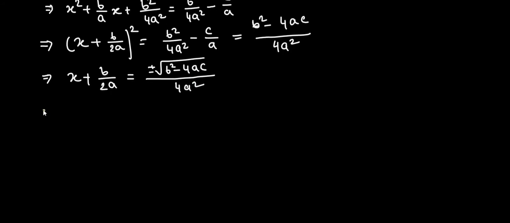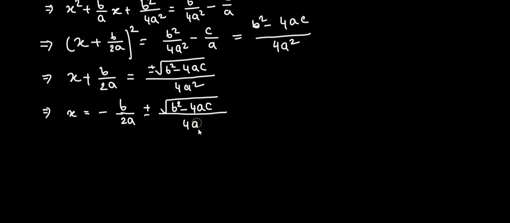Now the value of x should be minus b upon 2a plus minus root over b square minus 4ac upon 4a square.